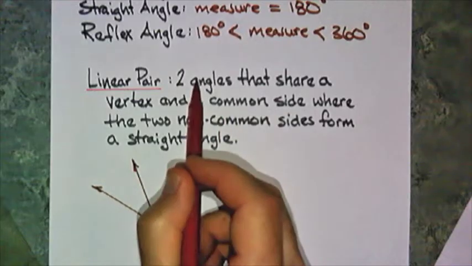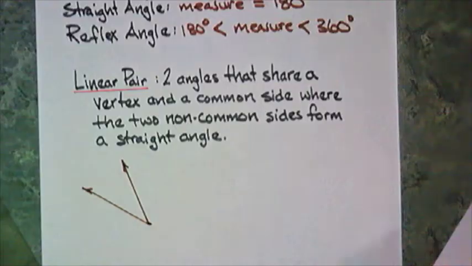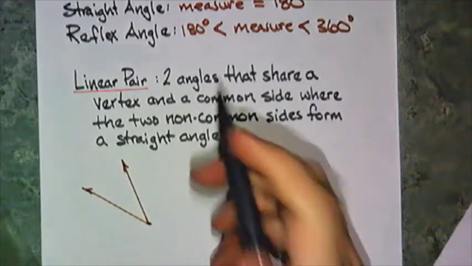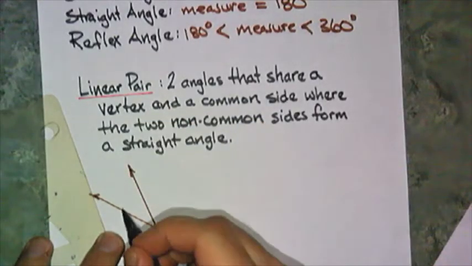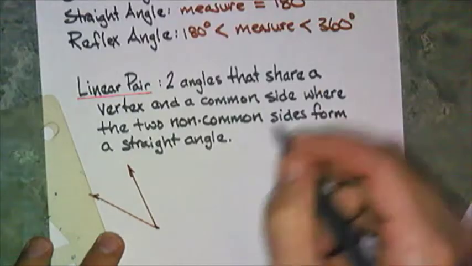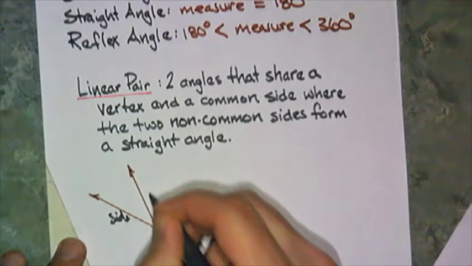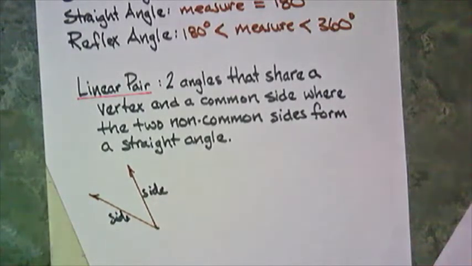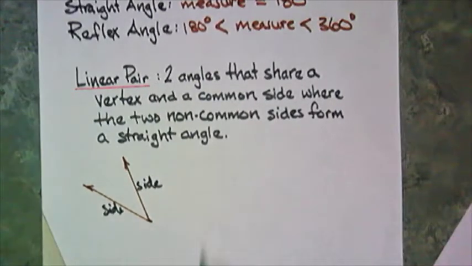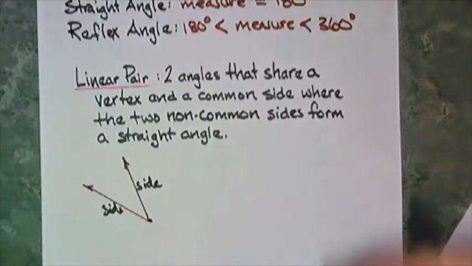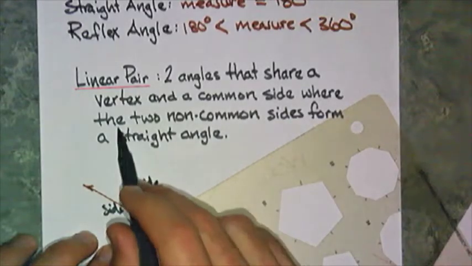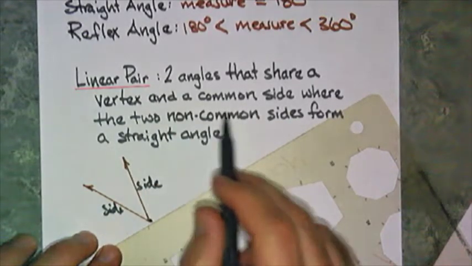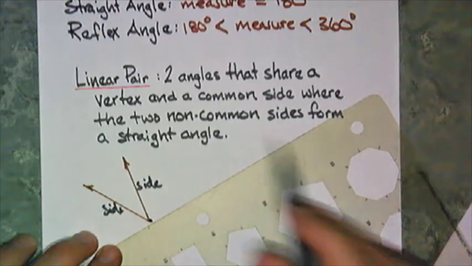Now, I want to make another angle, and it's going to share one of the sides. Okay, the sides, those are the rays. So this is a side, this is a side. Yes? That's the side of the angle. I'm going to share the vertex. But the two non-common sides form a straight angle.